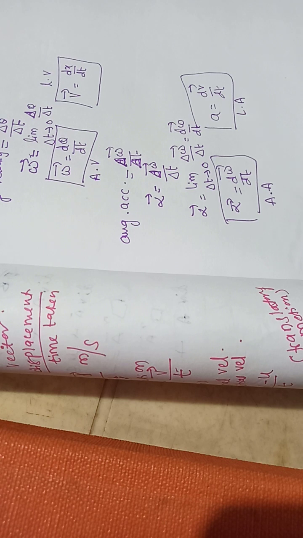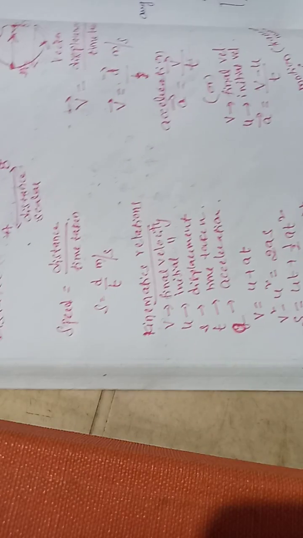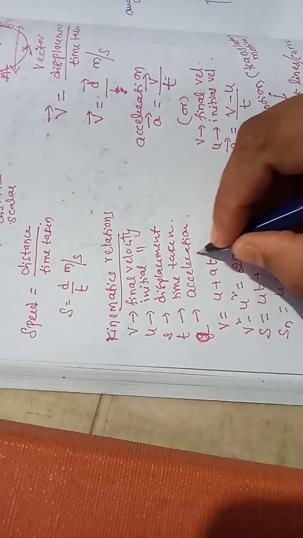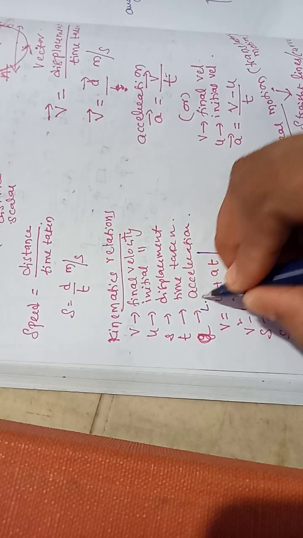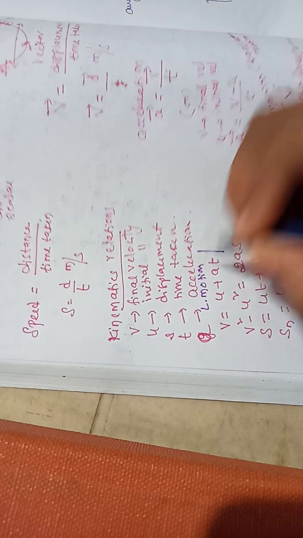Similarly, we can also write the kinematic relations in terms of circular motion or rotatory motion, or rotational kinematics. Now here we wrote this in case of linear motion.